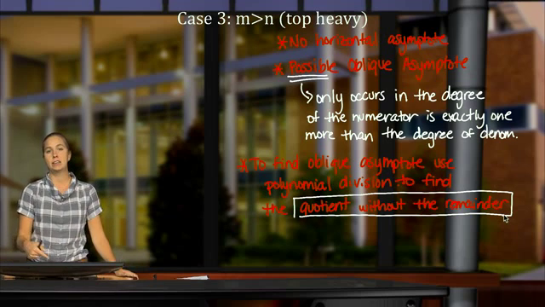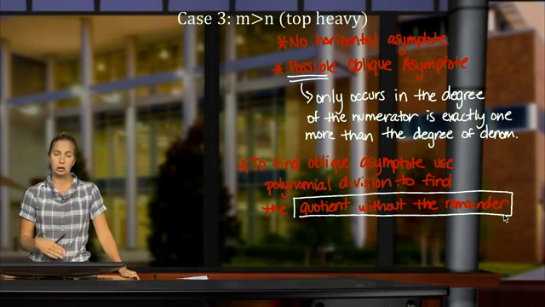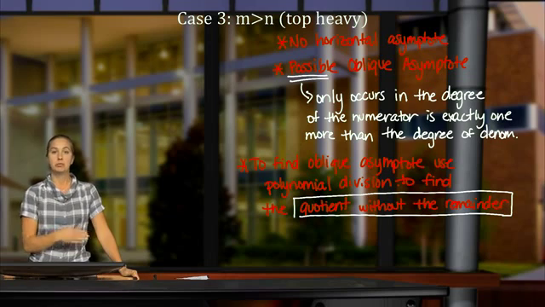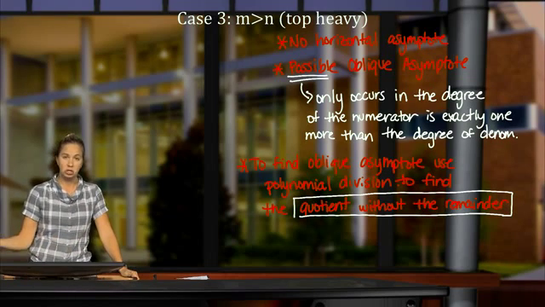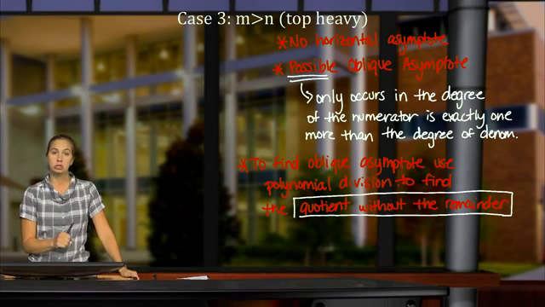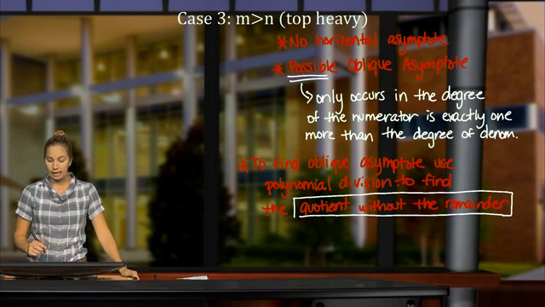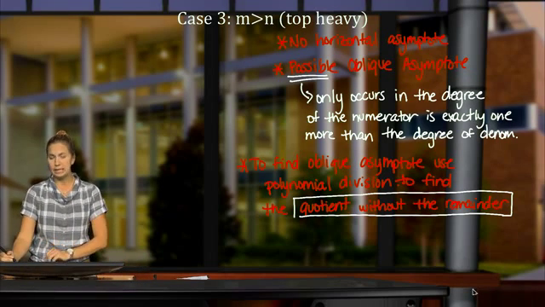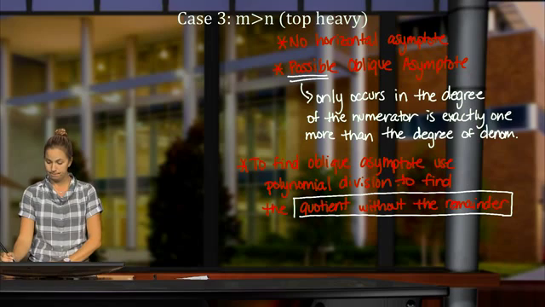Again, once we divide those 2 polynomials, we're going to divide the numerator by the denominator. The result is our quotient, and then we usually have a remainder. The quotient without the remainder ends up being the oblique asymptote. And we'll see an example of that in just a minute.